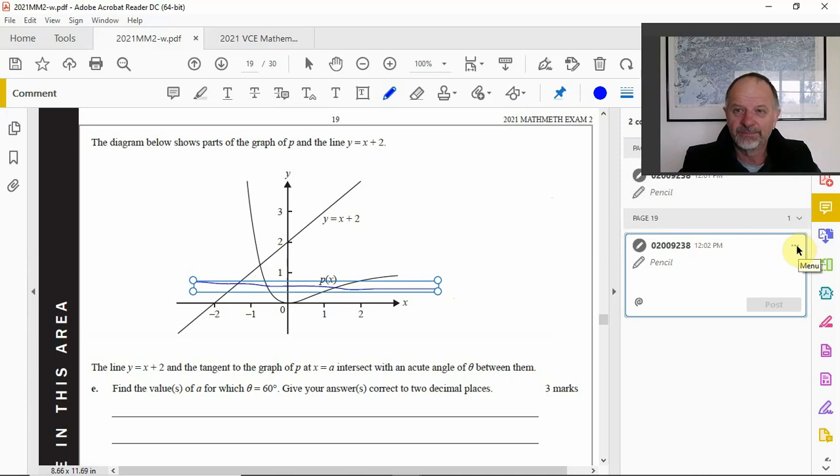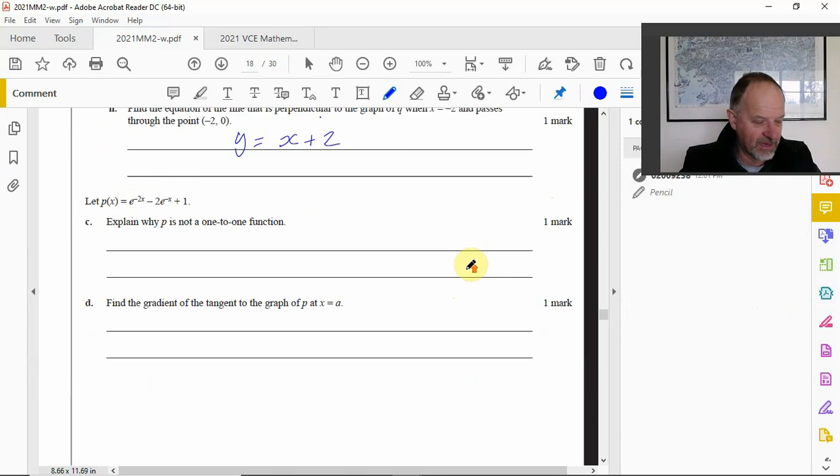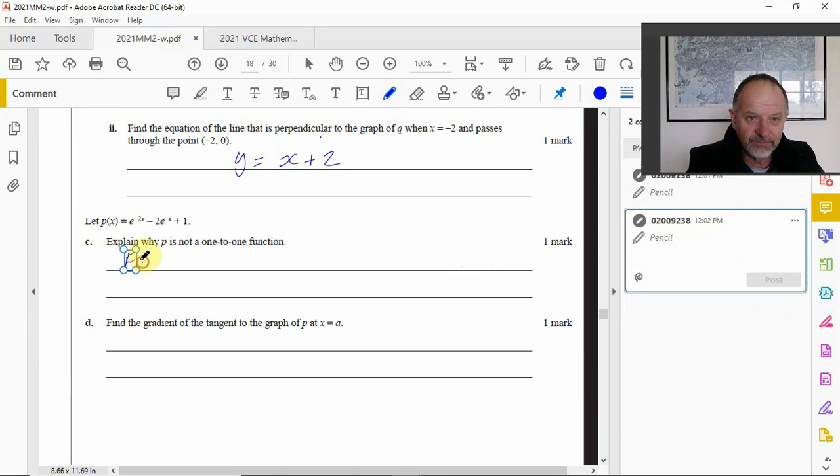If the horizontal line cuts through twice, then it's not a one-to-one function because it fails the horizontal line test. That would be one way that you could explain why it's not a one-to-one function.